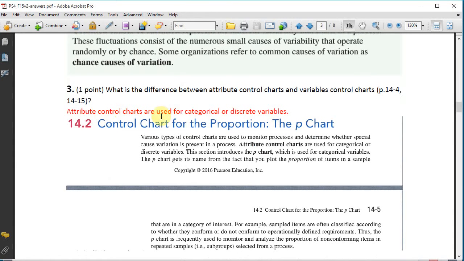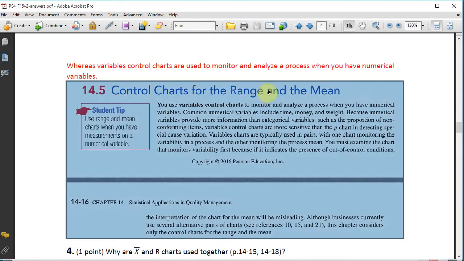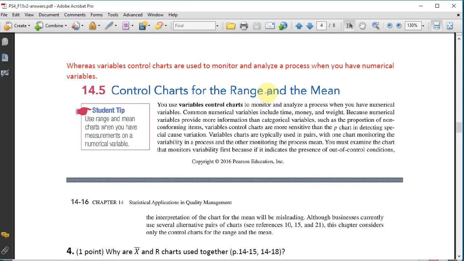So attribute control charts are used for categorical or discrete variables. That's the key here. These are for categorical data, and we use them mostly for that. And when we have range and mean charts, we're looking more at measuring something. These are more continuous variables, so we're looking at a varying mean. We have the range chart, which is the R chart. We use that first to determine if the range is in control.